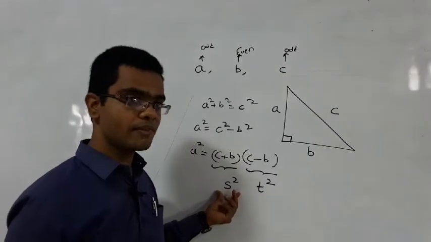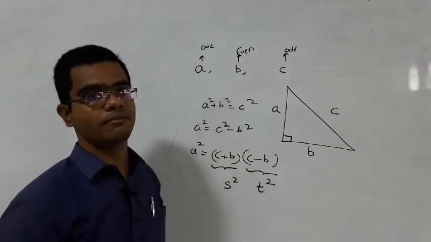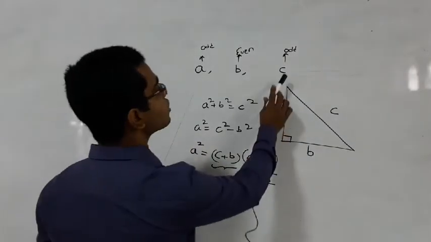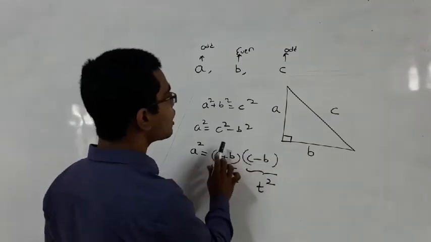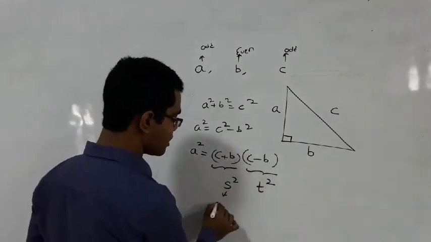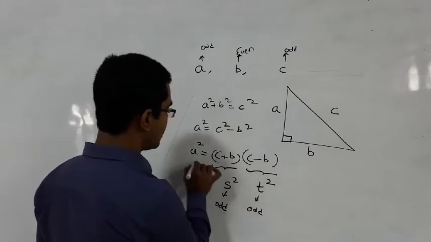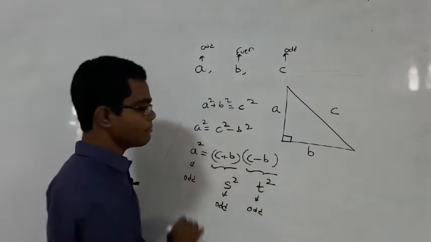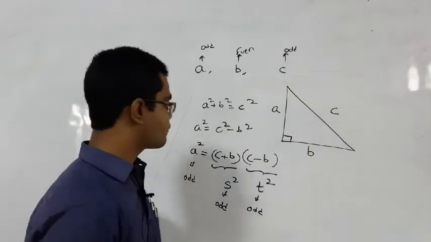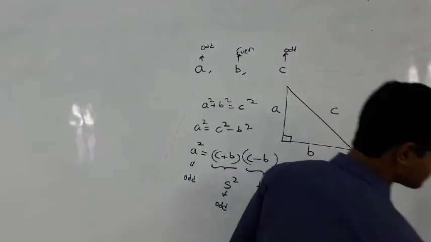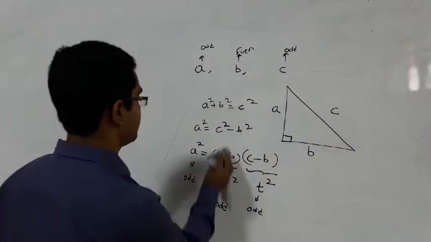Surely this should be a perfect square and this should be a perfect square. Before, we got C odd and B even, odd plus even, so S square should be an odd number, T square should also be an odd number, and this is also an odd number. Clear?